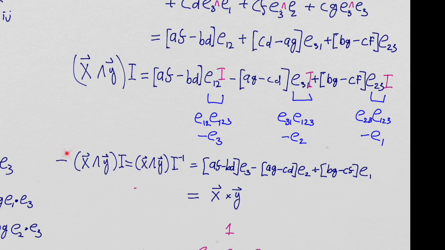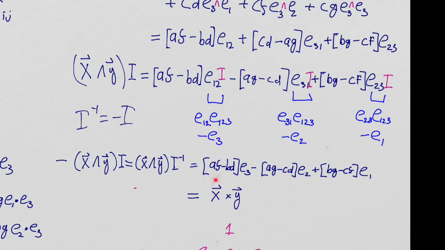So if we throw a minus sign in front, then it will equal vector x wedge vector y I inverse. The minus sign is nicer because you can say you take the dual of the wedge product and you take the opposite of the dual of a wedge product. Here you're taking something that's not quite the dual because the dual is with I, but I inverse equals -I for this algebra.